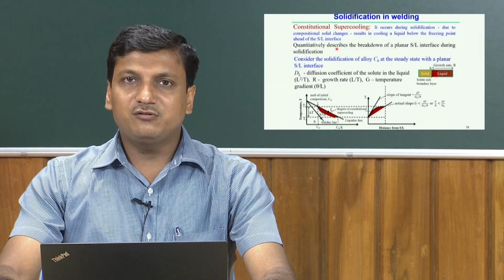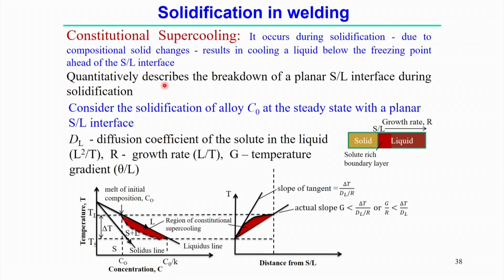So, supercooling we have some idea about: during solidification, when the liquid molten metal comes around the phase transformation temperature, that means the solid to liquid transformation temperature, during that transformation there is some amount of supercooling observed in the liquid metal.